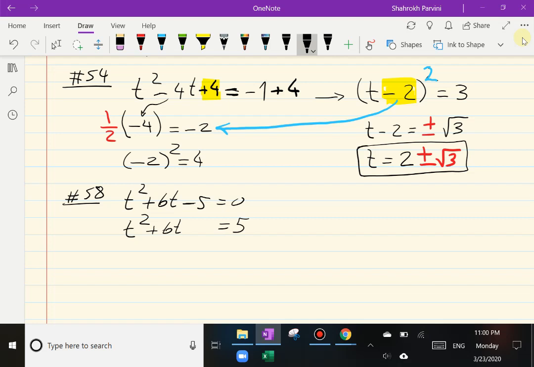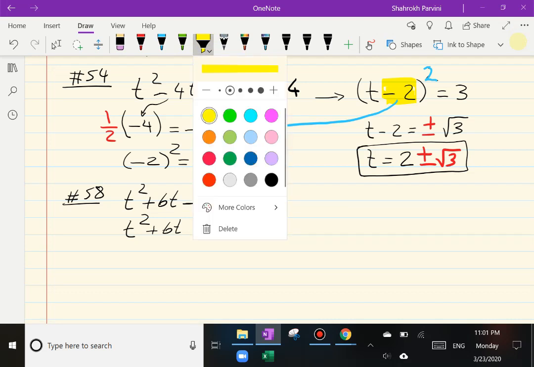Now, next step, we go through our routine on the left side. Remember, what we need to add is half of 6, correct? Oops, sorry. I don't know what happened here. And I know what happened. I used the mouse. I'm going to use a pen. Okay.